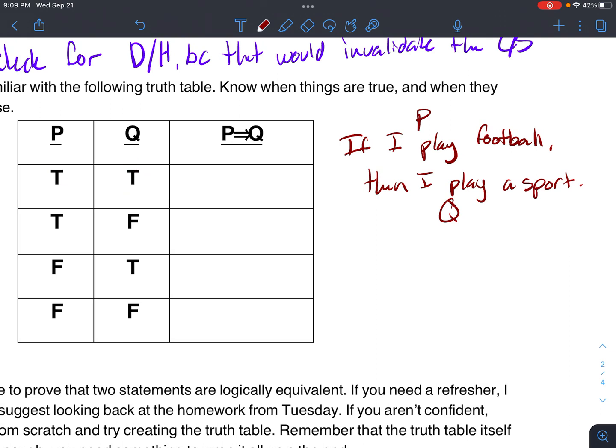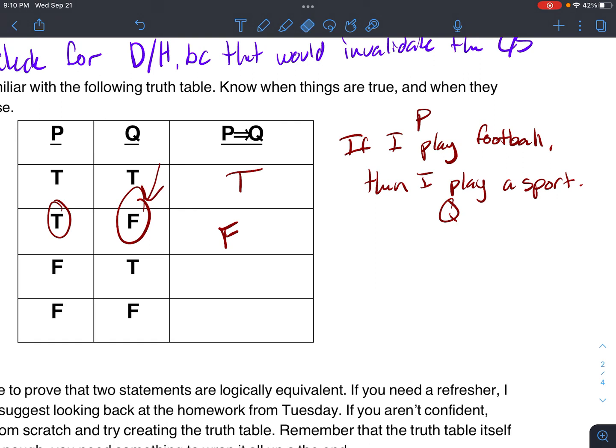So if they're both true, we're going to have this statement, if I play football, then I play a sport. That is exactly the same statement, so that is true. Next, if I play football, then I don't play a sport. That directly invalidates my statement. I'm saying if I play football, you have to play a sport.